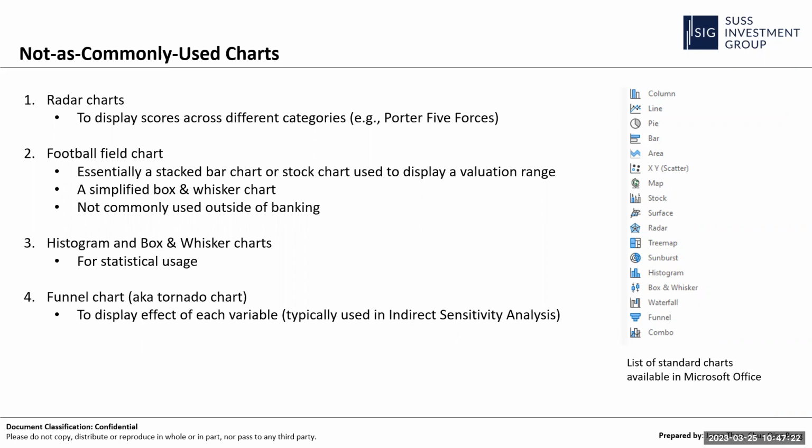You can look at it to see which variable is the most critical inside your entire assumptions. Inside your DCF, there'll be a lot of different assumptions, for example the amount you spend on CapEx, the useful life of your PPE, or your inventory days and so on. But which one is the most critical or core to your entire assumption? You can use this to check which are the more important variables and which ones you have to stress test more.